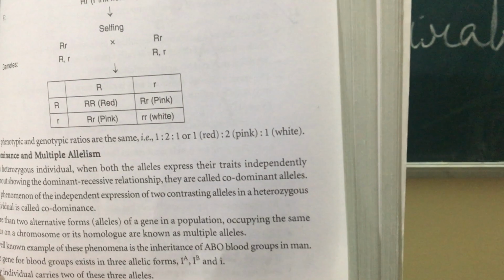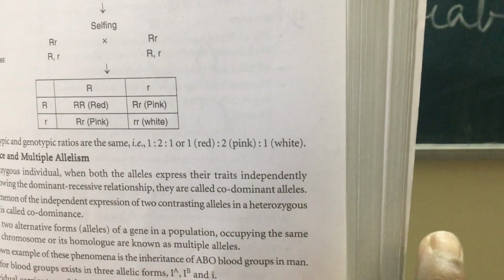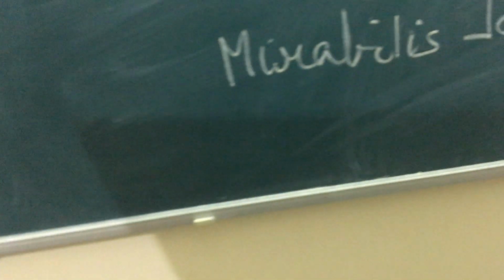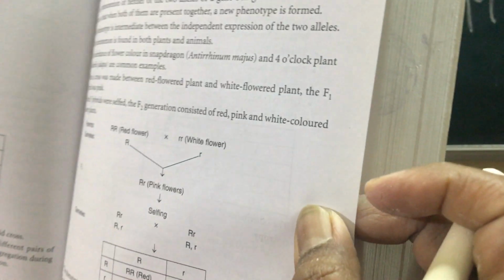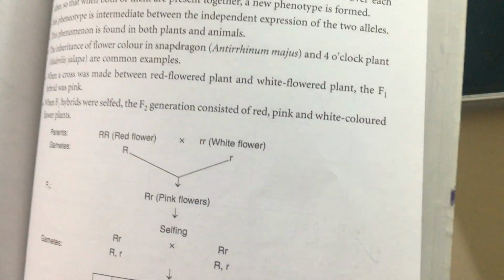Means in a heterozygous individual, when both alleles express their trait independently, they are expressing their behavior independently. This is called codominance.